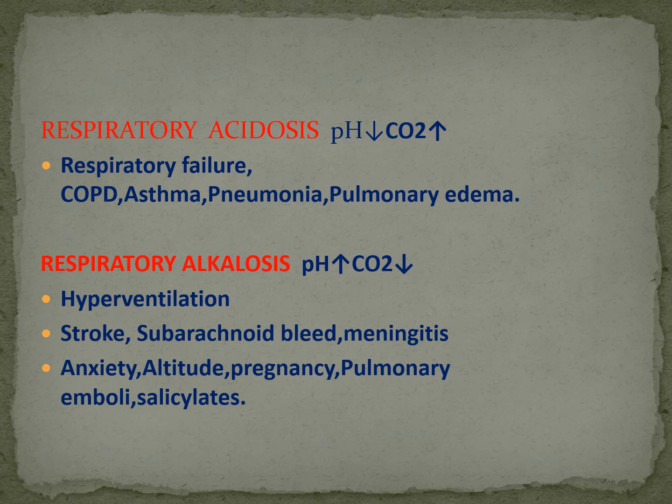If the pH level is increased and the carbon dioxide level is decreased, and the patient is in hyperventilation, that is due to stroke, cerebral bleed, meningitis, anxiety, pregnancy, pulmonary embolism, then we can see respiratory alkalosis. So these are the things commonly noticed in the patients.